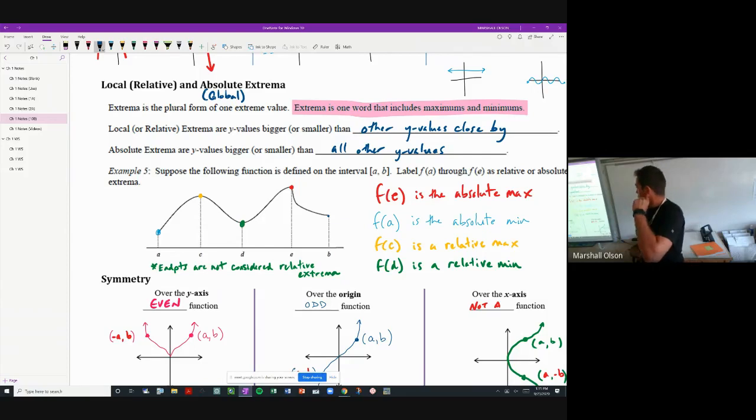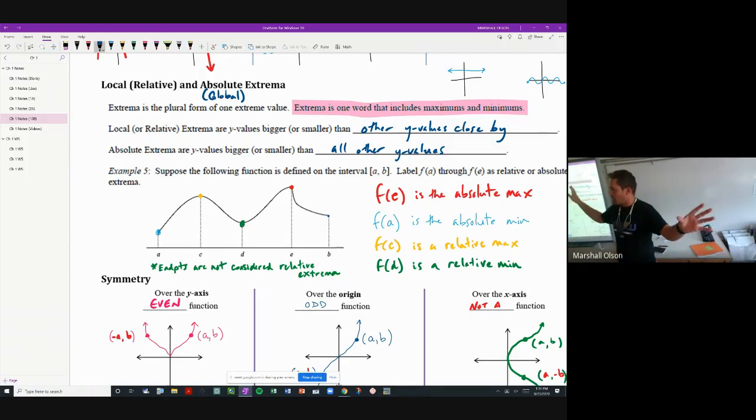Now, I don't know if I said this or not, but absolute maxes and minimums are also considered relative mins or maximums as well. You don't have to list that every time. Like if I asked you, what is f of e? And you said it's the absolute maximum, you are correct. We're done.